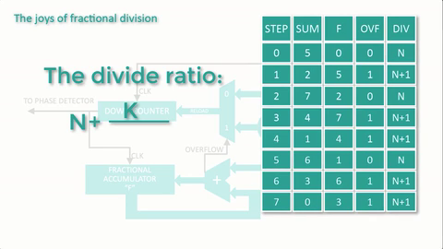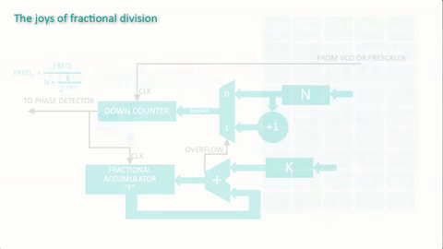In our example, that means N plus K over 8. Another way to think about it is that the fractional part is K divided by 2 raised to the power of the number of bits in the register. In our example, the fractional part is K over 2 to the 3. So if N is 25 and K is 5, the output frequency would be 25 and 5/8 times the input frequency. Neat, huh?